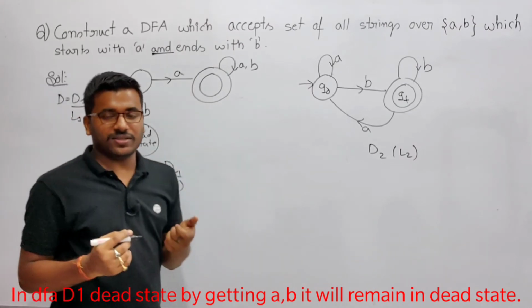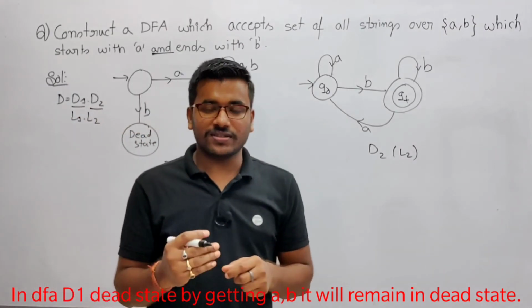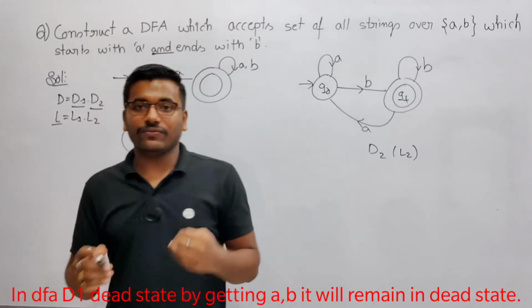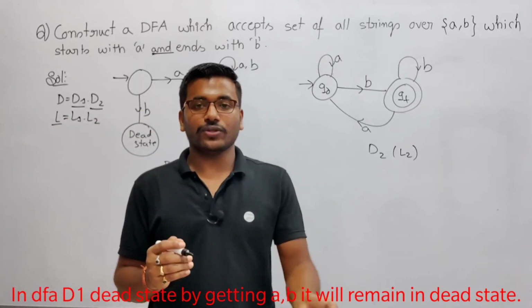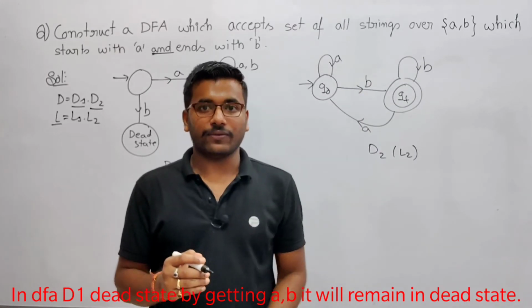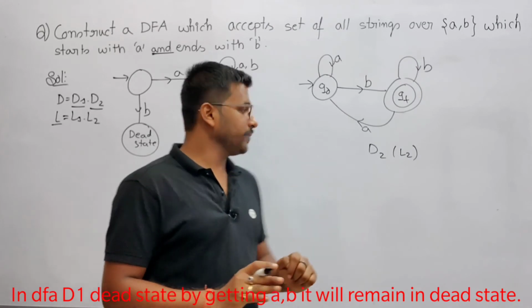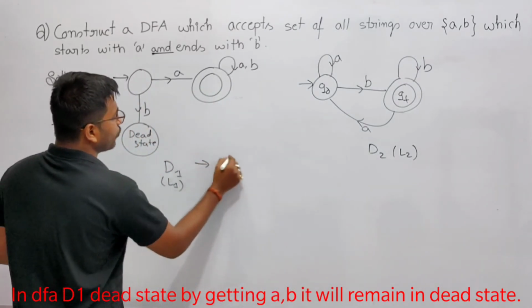To the merged state, I am going to give the transition according to L. We have to see which transition we should give so that it satisfies the language. And for the rest of the states, the transitions will remain the same.